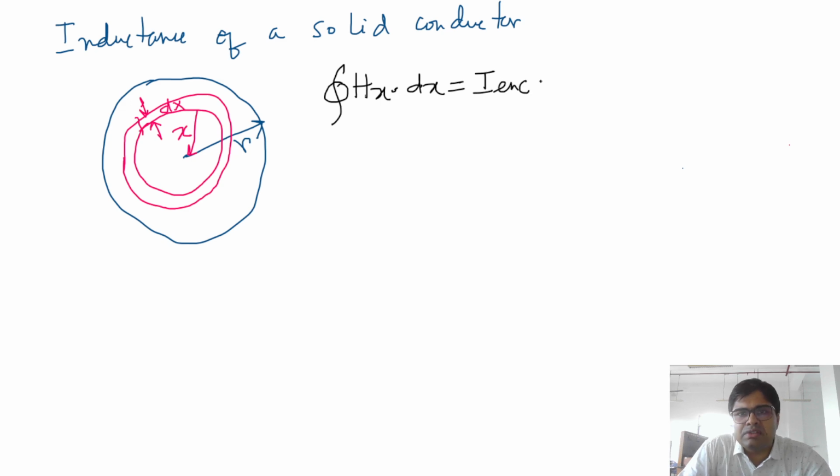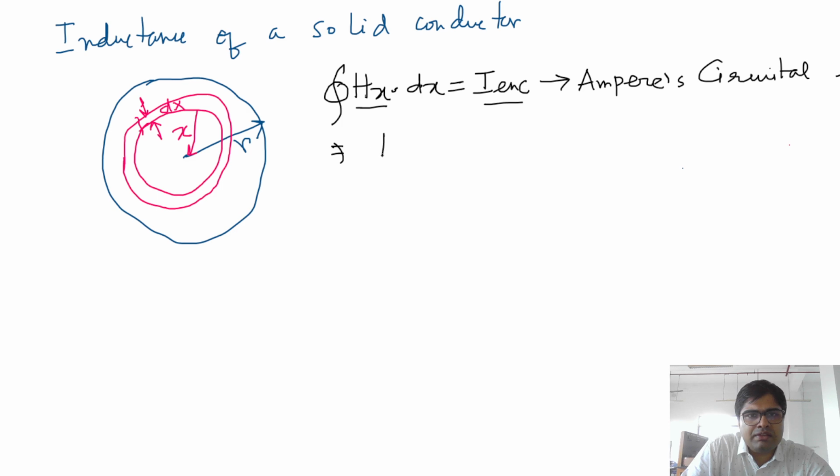This equation is obtained by the famous law called Ampere's circuital law. What is the statement? The line integral over a closed path of a magnetic field is equal to the current enclosed within that path.